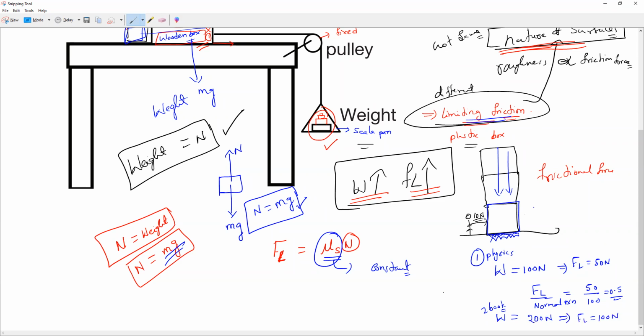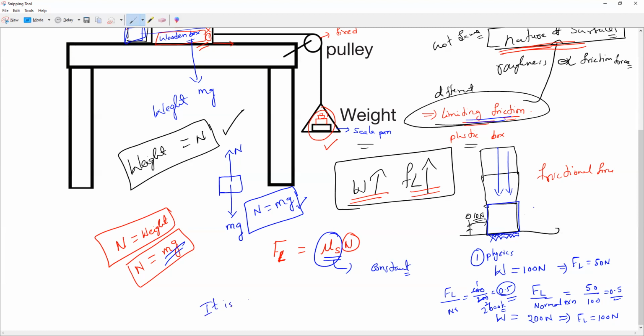Now do the ratio: F limiting divided by normal reaction is 100 divided by 200, which is 1 by 2, that is 0.5. So that is what you should remember: the ratio always remains constant.